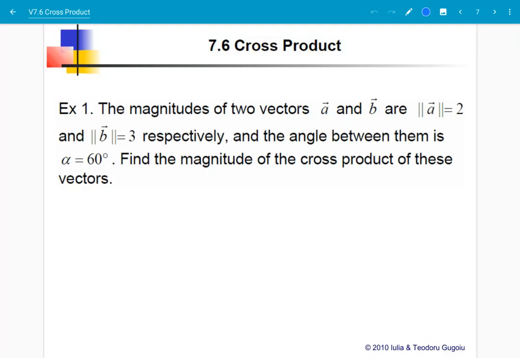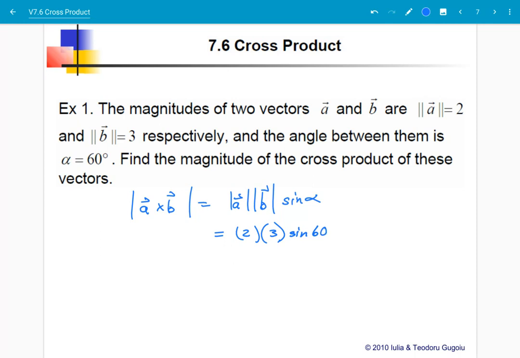The magnitudes of two vectors are 2 and 3, respectively. The angle between them is 60 degrees. Find the magnitude of the cross product. We start off by saying we're going to find the magnitude of the cross product, and by definition, this is the magnitude of the cross product. So we have 2, 3, and if they were negative in some way, well, magnitudes are always positive, so it doesn't matter.